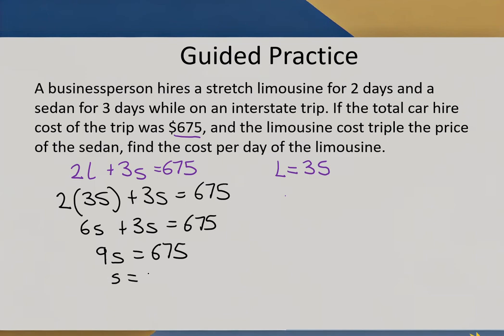That will give me $75. If I know the sedan cost is 75, I'm just going to use my second equation to find out what the limousine cost is because it's easier, and L is already by itself. So 3 times 75 will give me the cost of 225.